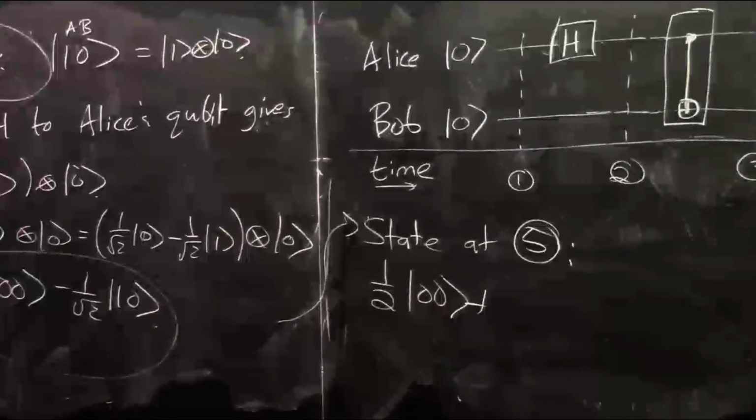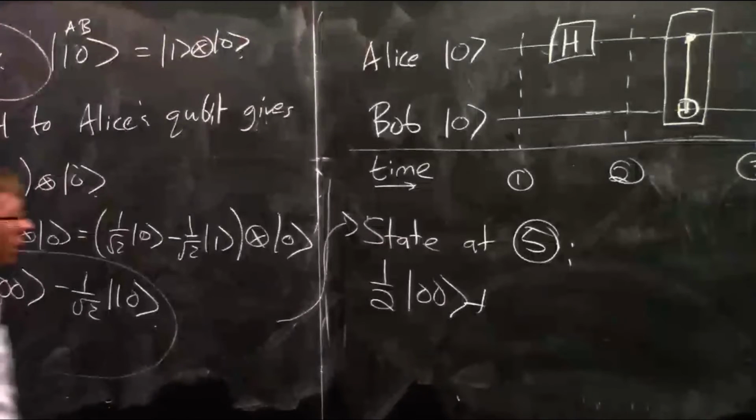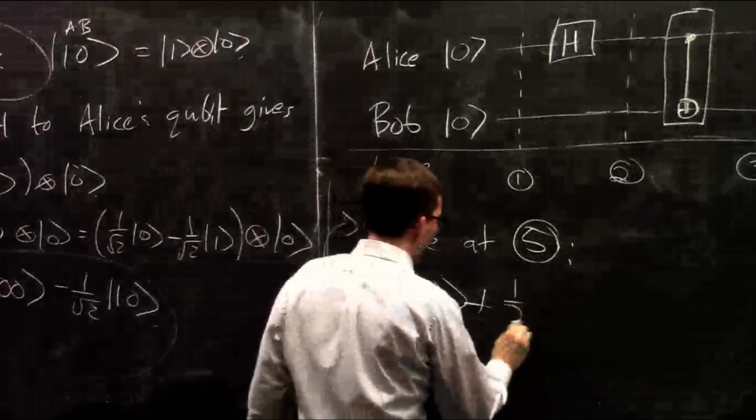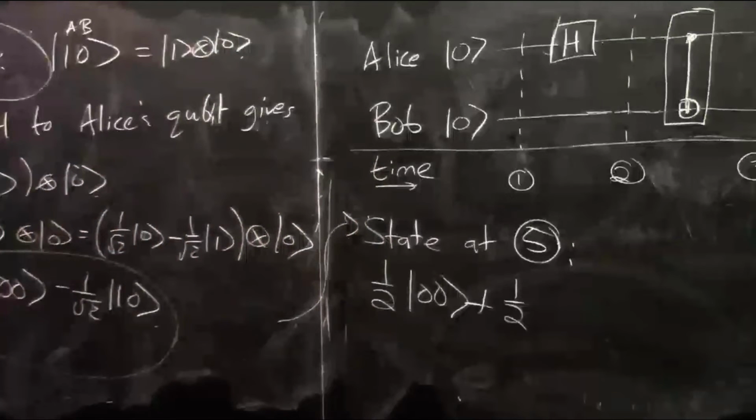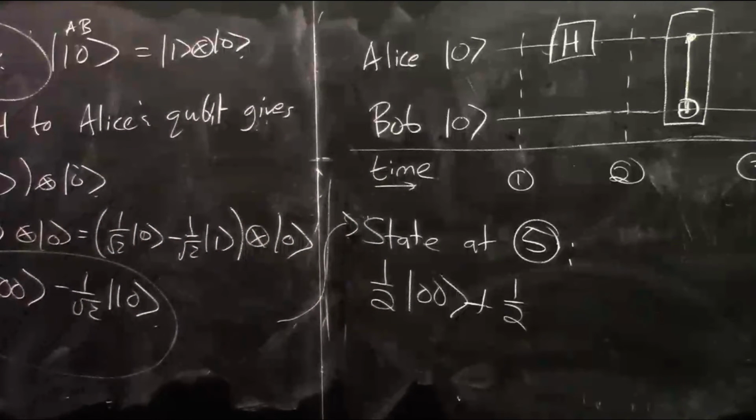I get 1 over root 2 times 1 over root 2, which is another half. Actually, in this calculation, you'll see that nothing ever cancels or affects one another. I happen to get 4 different things and they're separate, but in general, you could have some 1 1s here and also some 1 1s here, and then you have to add up the coefficients. This is what's known as interference.